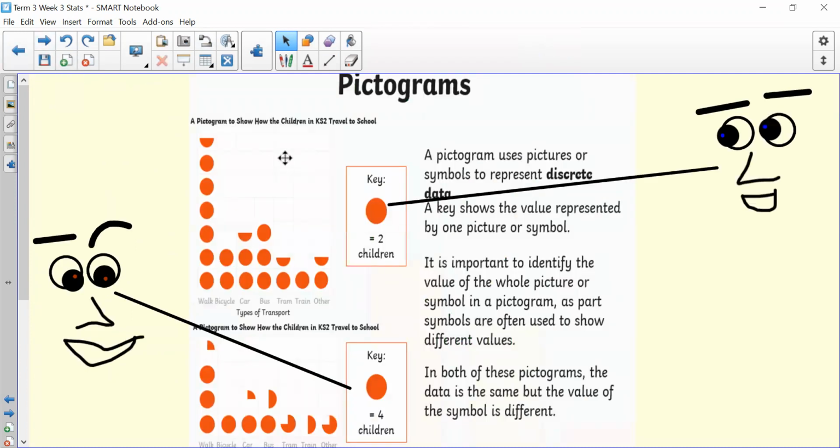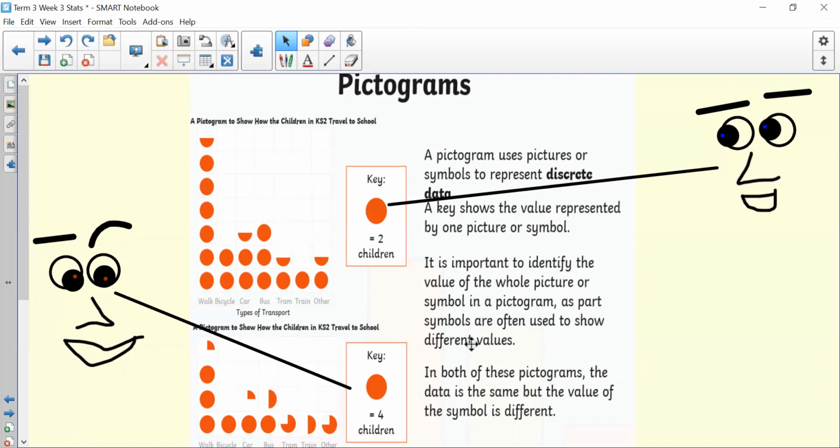Okay, so just for the final time to recap on pictograms. A pictogram uses pictures or symbols to represent discrete data. A key shows the value represented by one picture or symbol. It is important to identify the value of the whole picture or symbol in a pictogram, as part symbols are often used to show different values.